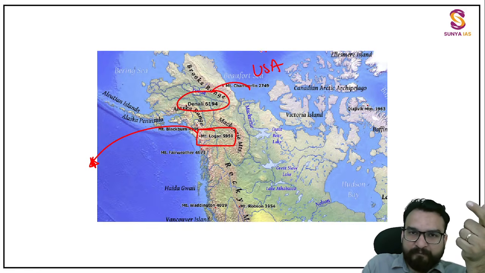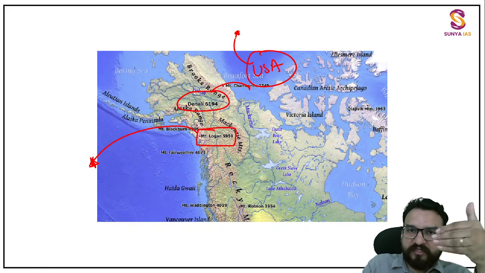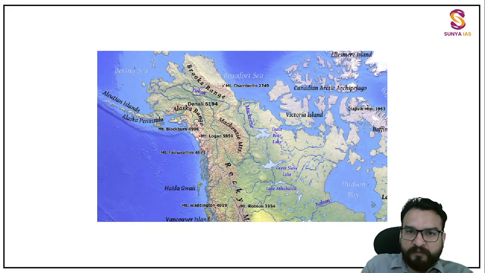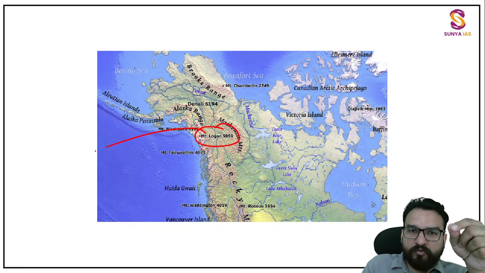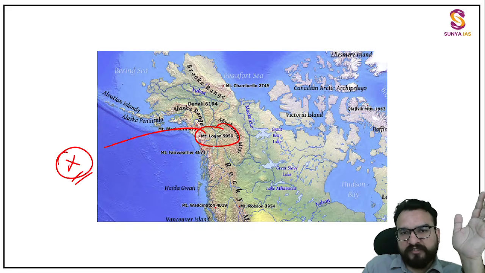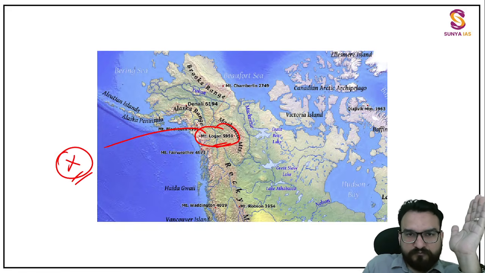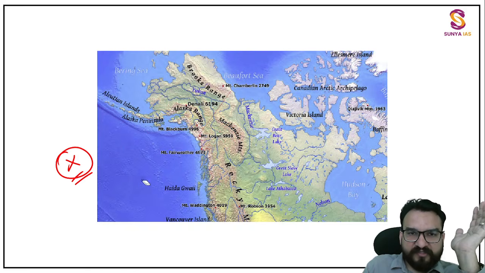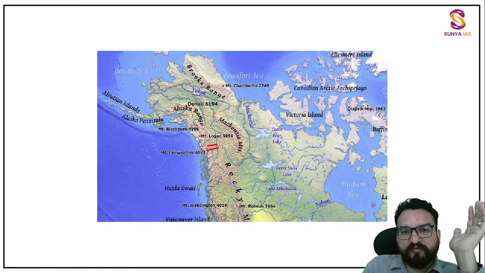It is in the USA. So the tallest peak of the USA is the tallest peak of the North American continent too. But the tallest peak of Canada is Mount Logan. No need to remember the height, though it is around 6,000 meters only, with a 100-200 meter difference. So Mount Logan is another thing you have to remember.